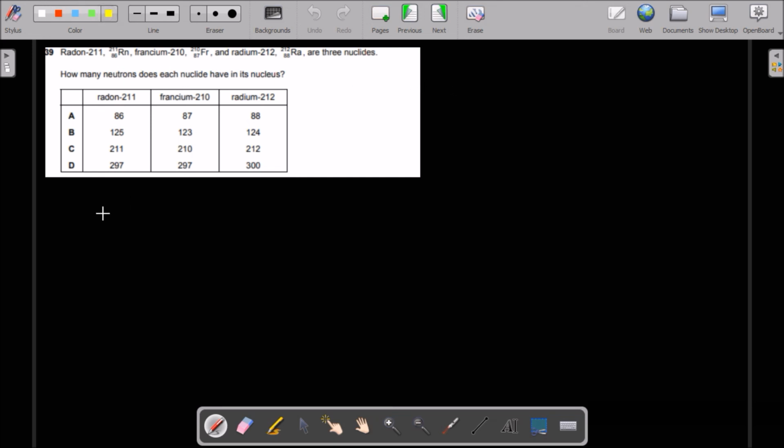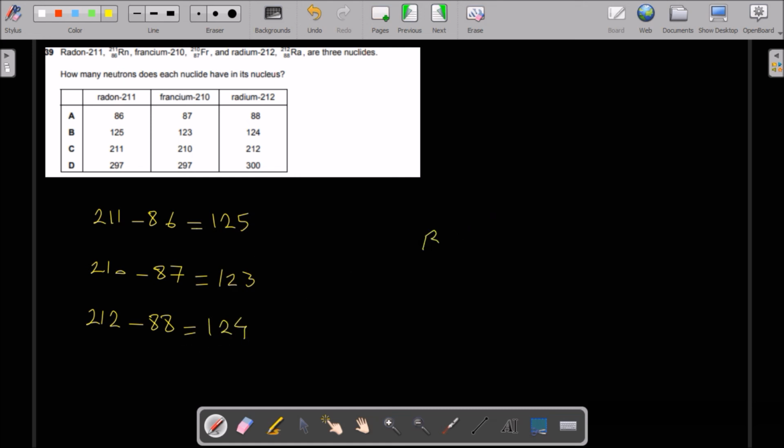So for the first one, 211 minus 86, which is 125. For the second one, 210 minus 87, which is 123. And for the third one, 212 minus 88, which is 124. So based on this result, B is right.